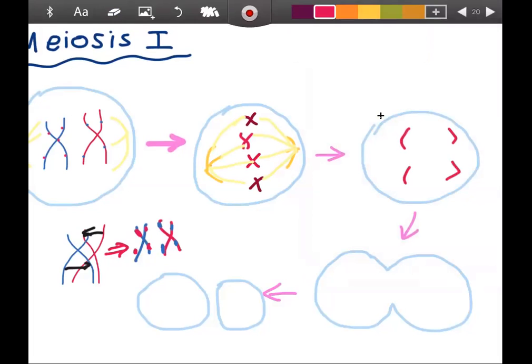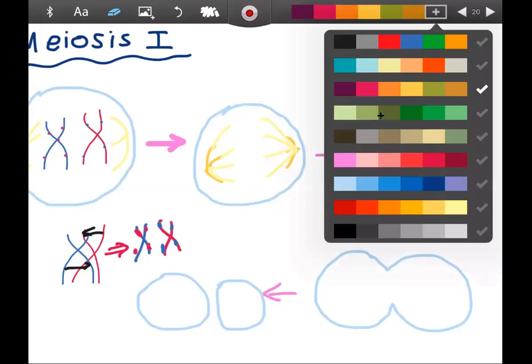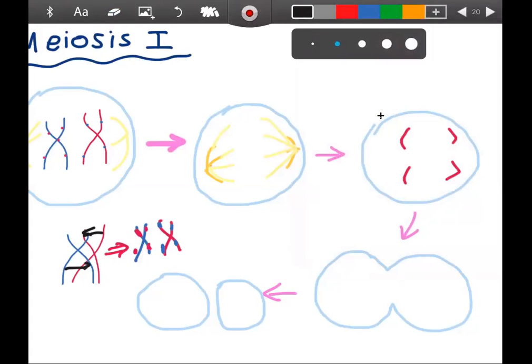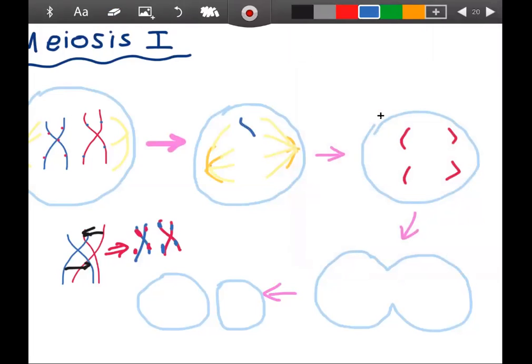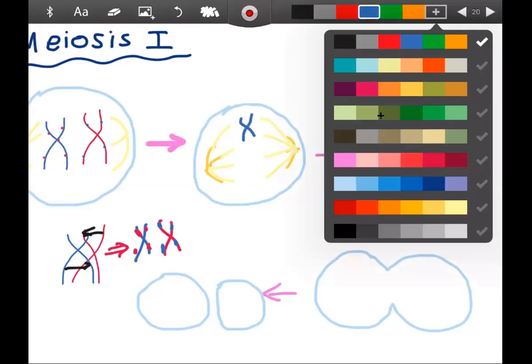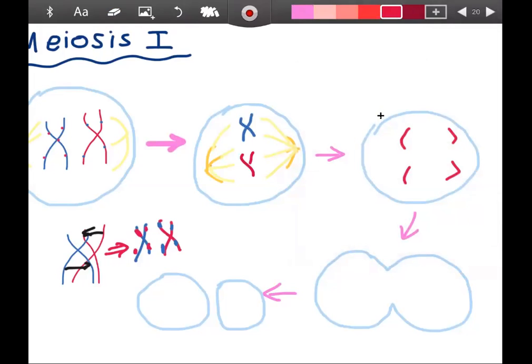And actually, I'm sorry. Just to make this clear, we're going to keep our maternal and our paternal chromosome. So here's our paternal chromosome, and here's our maternal chromosome. Remember, they have undergone crossing over.